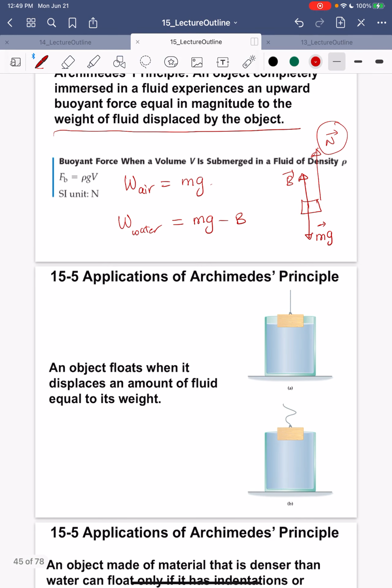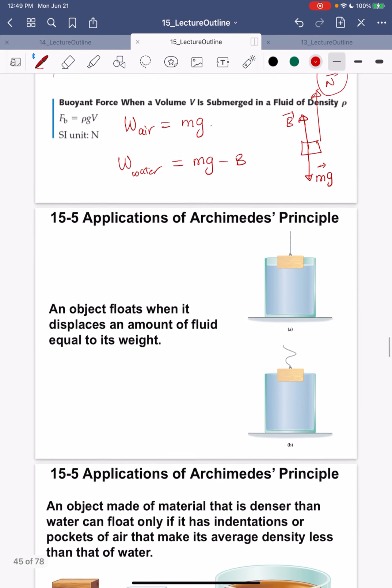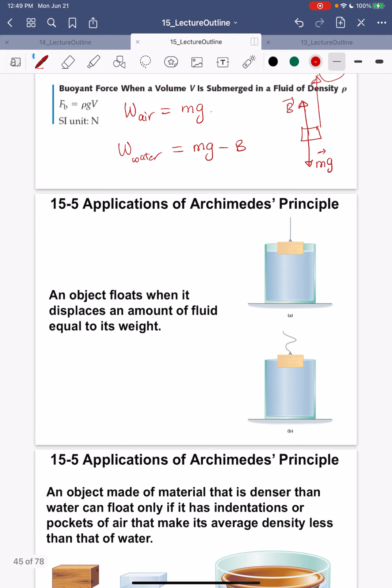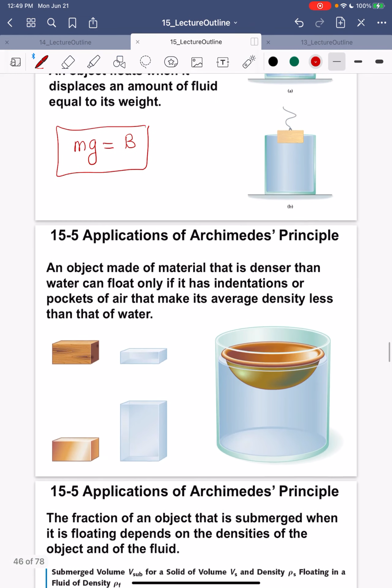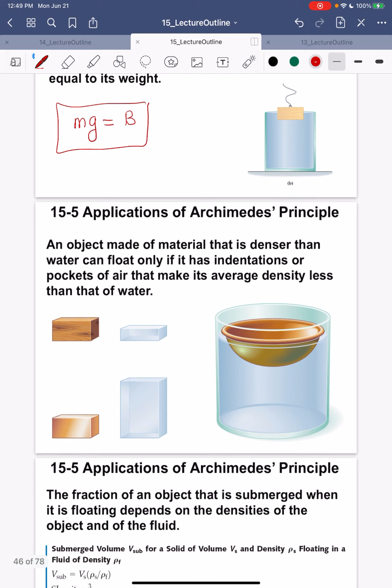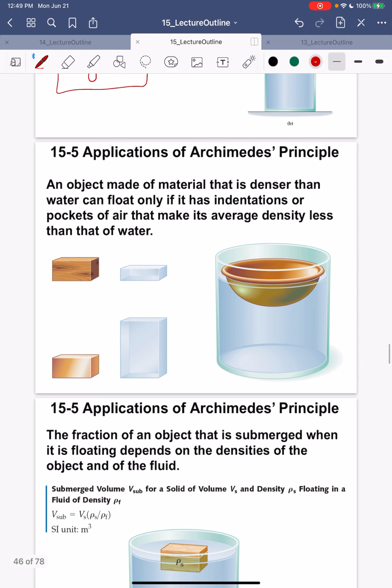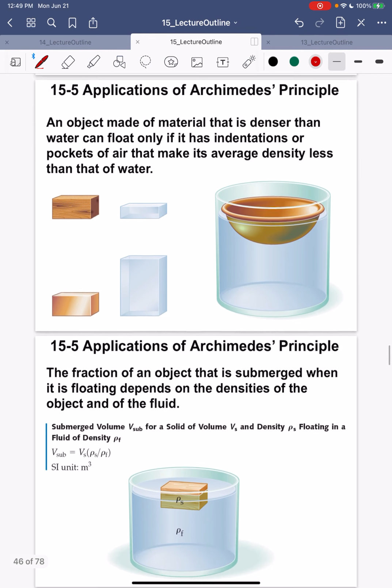An object floats when it displaces an amount of fluid equal to its weight. Then we have that situation when mg is equal to buoyancy. Okay? An object made of material that is denser than water can float only if it has indentations or pockets of air that make the average density less than that of water, making more volume.